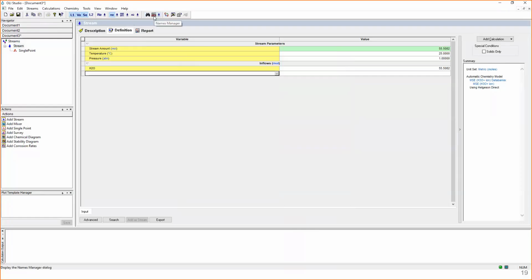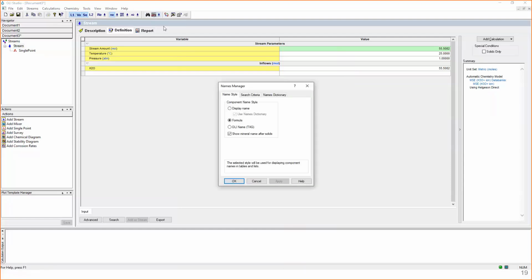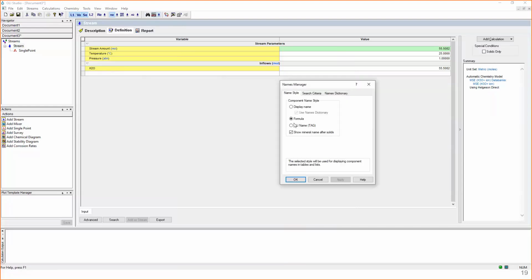names manager, which is represented by this sodium chloride, NaCl, and salt. Okay. So basically, this names manager, what it does is it will match your preference. Do you prefer to see formula names on the software, or you prefer to display names in the software?